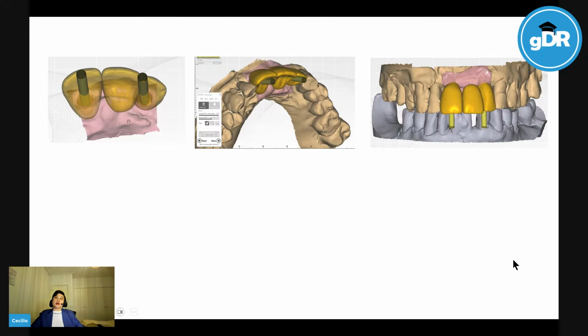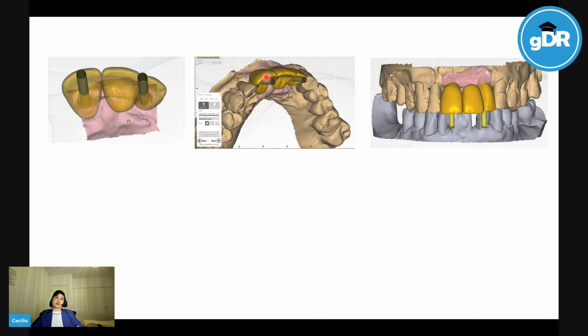If you're a beginner, I would definitely suggest avoiding anterior implants at the beginning because they're very tricky. Premolars and molars are great. Anteriors are advanced, because a few millimeters or a few degrees off and you could end up with an implant position that, for example, comes out the incisal edge.